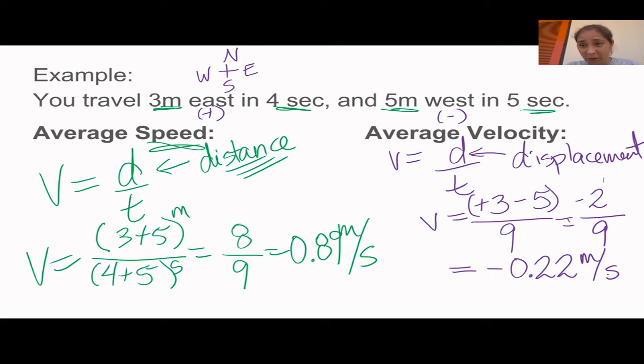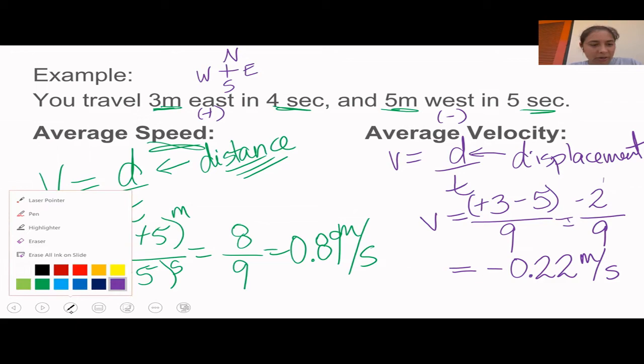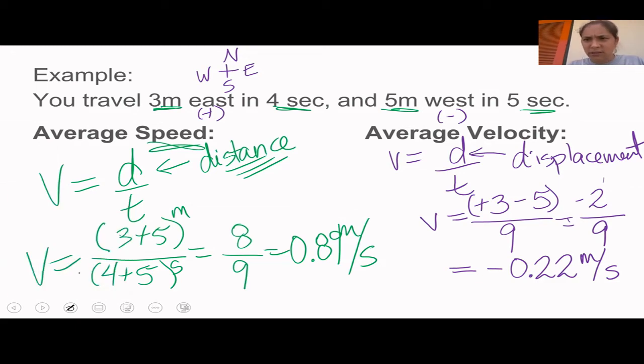So now, remember the whole red, bold, all caps. Don't average the individual pieces. Well, if we were to do that, I'm going to put this in red so that you know it's a no, don't do this. 3 over 4 is 0.75.